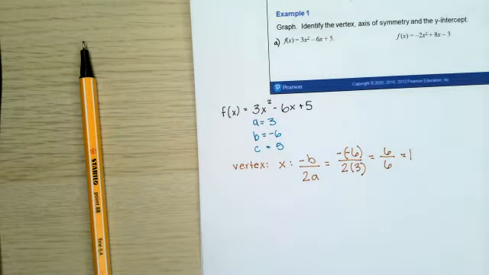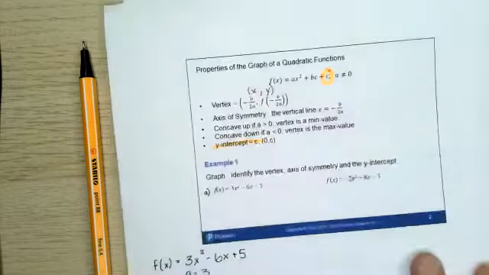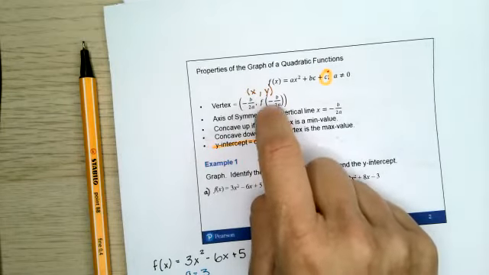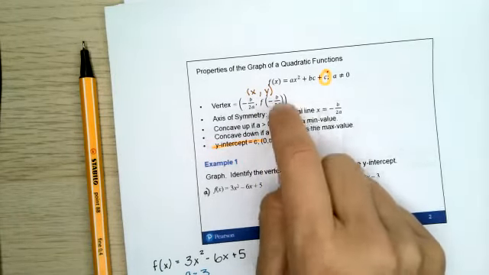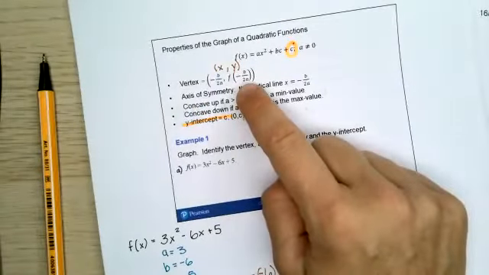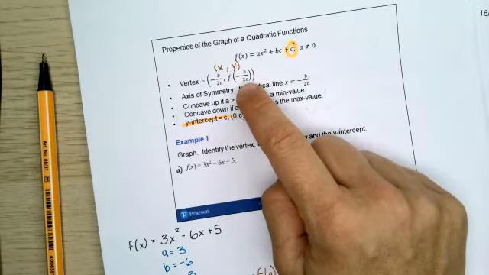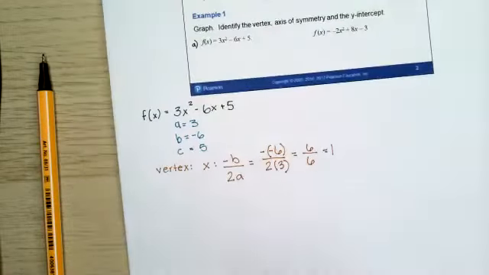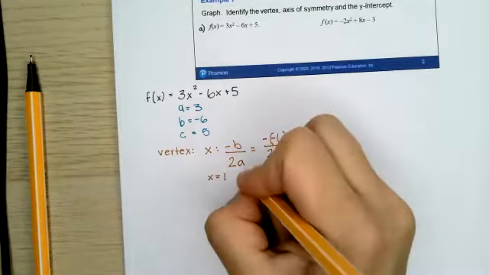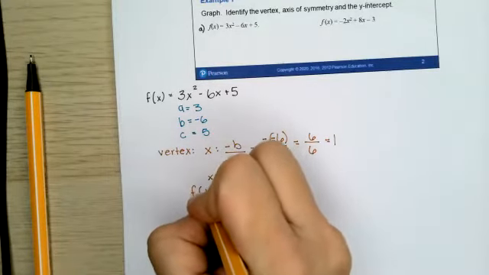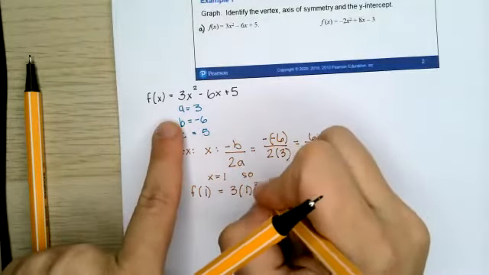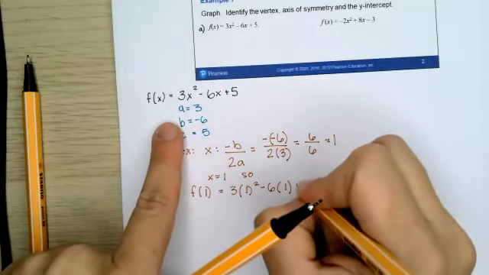Good. Now, it said my vertex was just negative b over 2a for the x value. For the y value, it says f of negative b over 2a. What does that mean? That means whatever I got here, which I got the number 1, I put back into my original equation, 3x squared minus 6x plus 5. So now I know x is 1. So f of 1 is 3, that same thing, times 1 squared minus 6 times 1 plus 5.